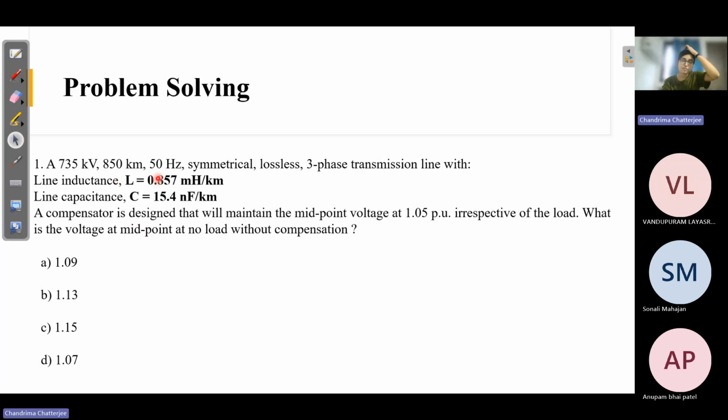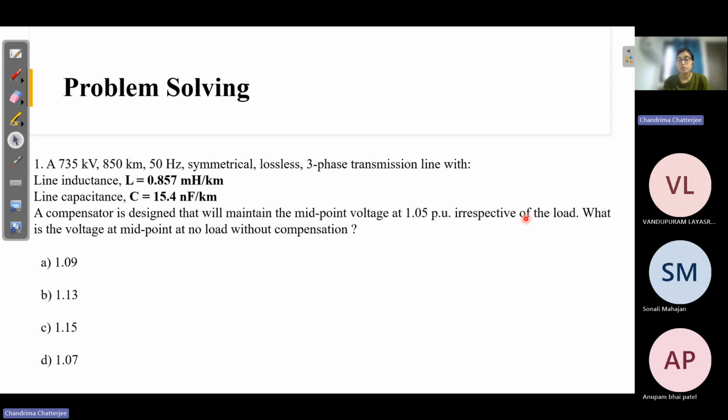So this is the first problem. A 735 kV, 850 kilometer, 50 hertz symmetrical lossless line whose line inductance is L equal to 0.857 millihenry per kilometer. Line capacitance is C equal to 15.4 nanofarad per kilometer. A compensator is designed that will maintain the midpoint voltage at 1.05 per unit, irrespective of the load.